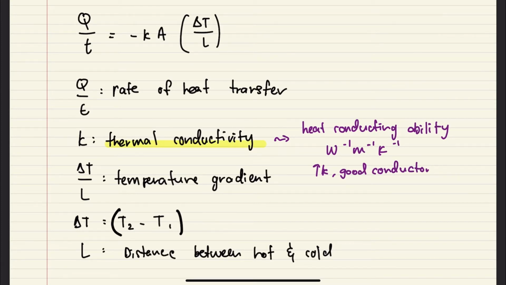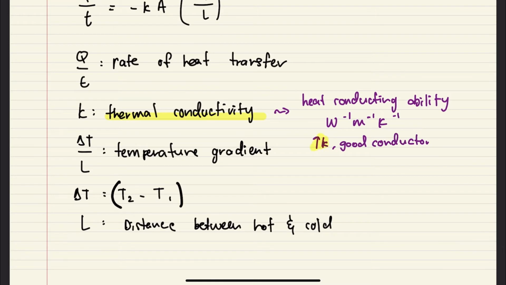That means bigger K means a good conductor, lower K means not so good a conductor. So the unit for K is W m^-1 K^-1.